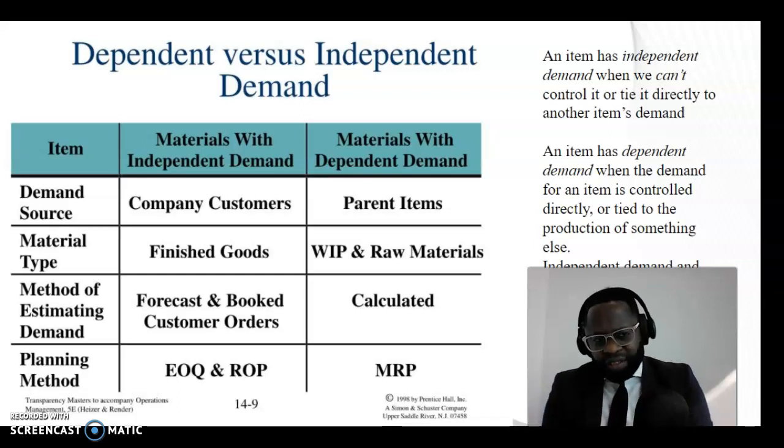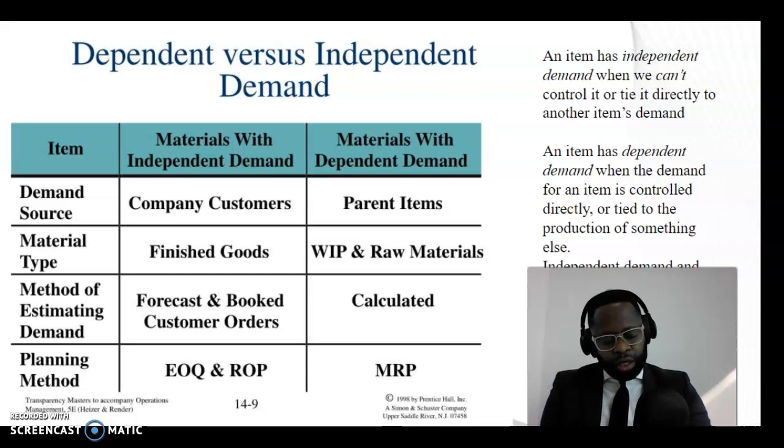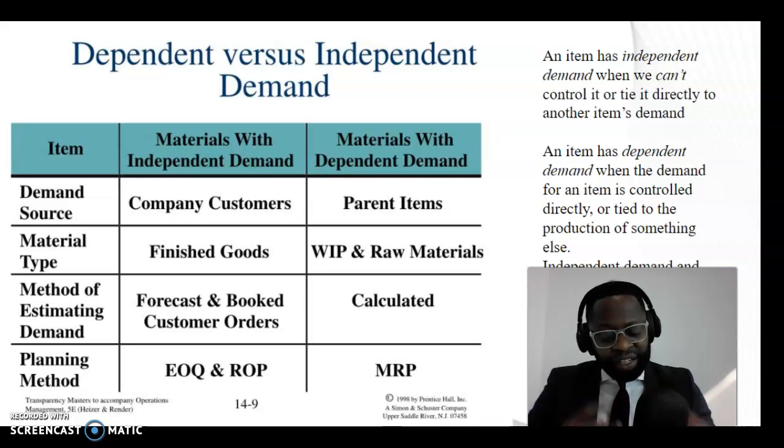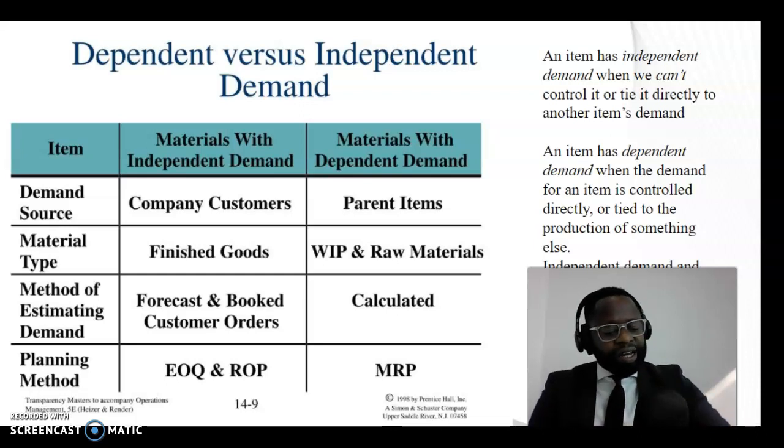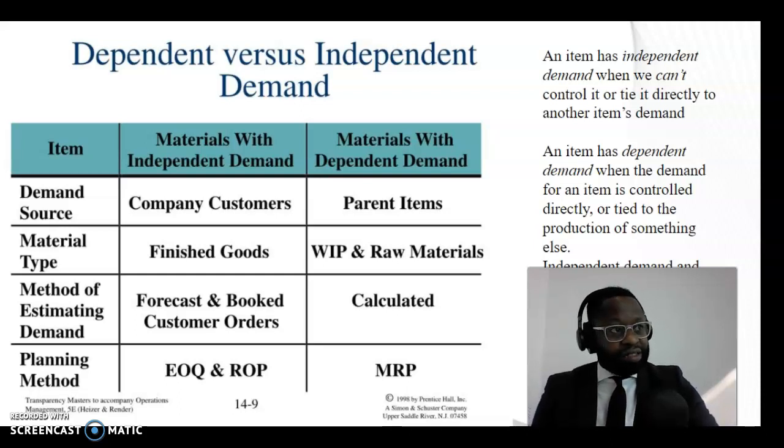So I have a question, and I always ask this question: can we find independent demand inventories within a dependent demand setting? In other words, would we find independent demand inventories at Boeing? And Boeing, we know, is a manufacturer.